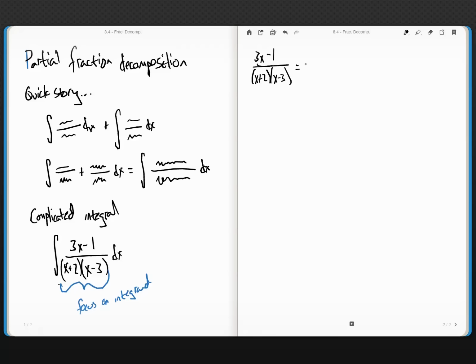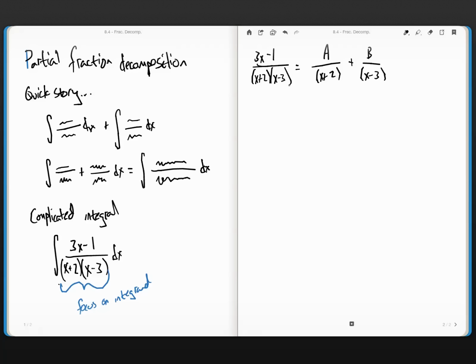So I'm going to guess that originally this came from a, something, a over x plus 2, added to something else, b over x minus 3. So my dad came up with this, but I think that originally it had to do with two simpler fractions like this.